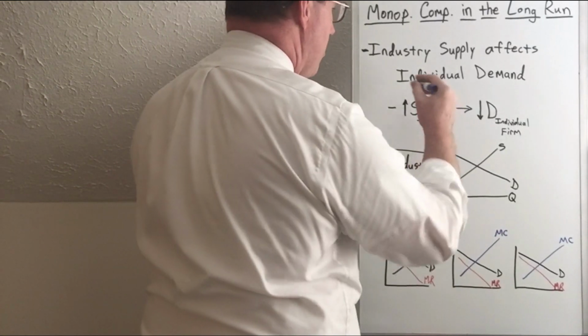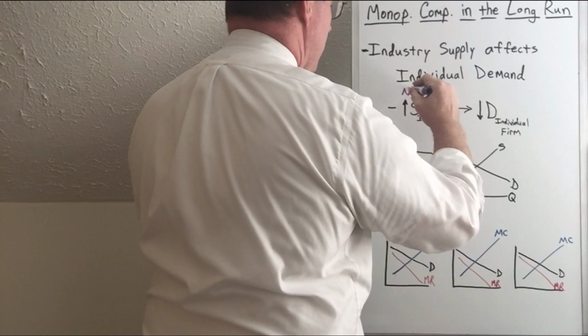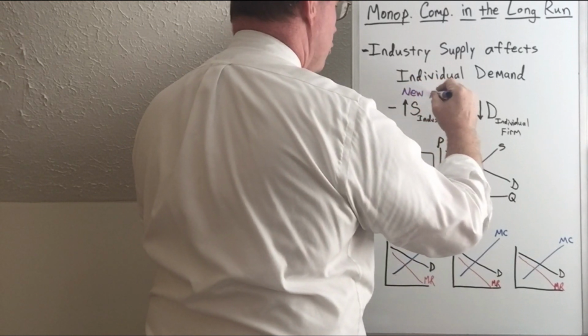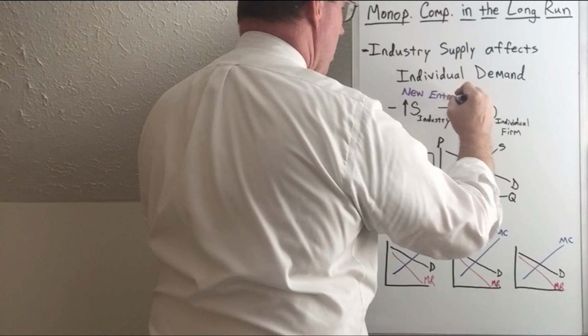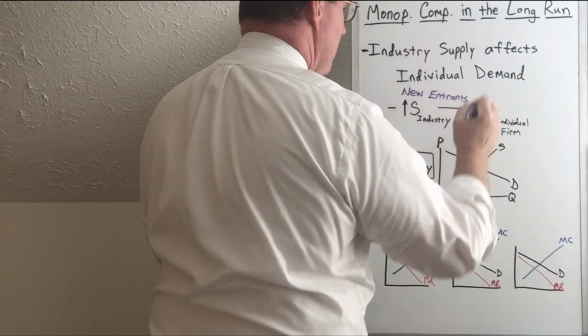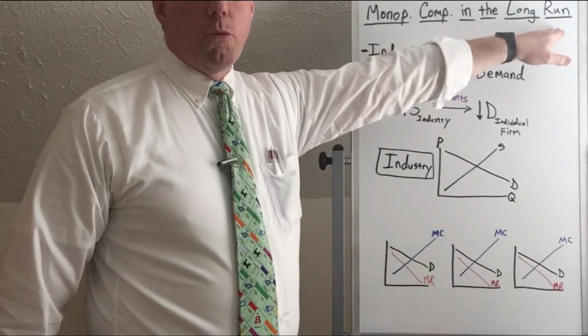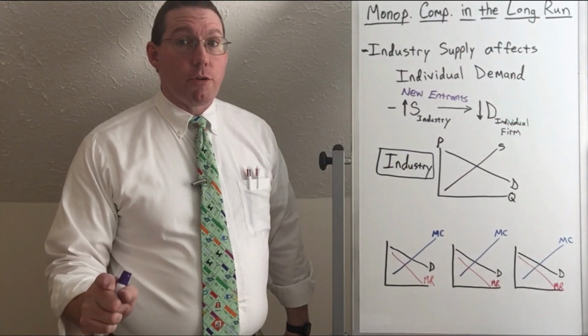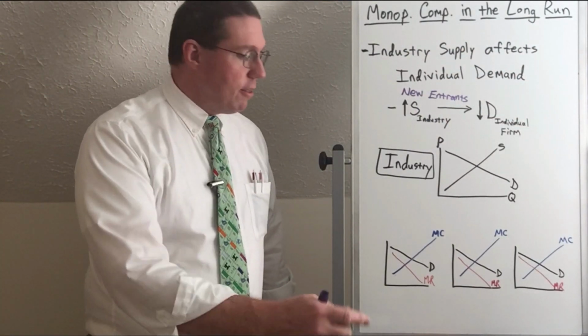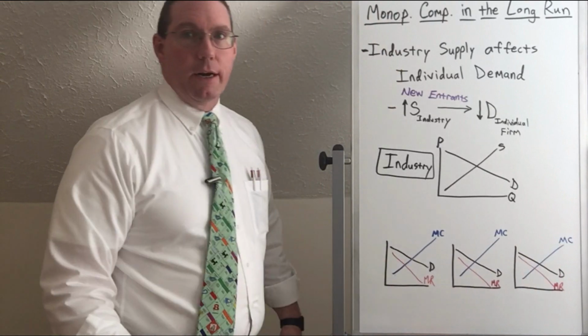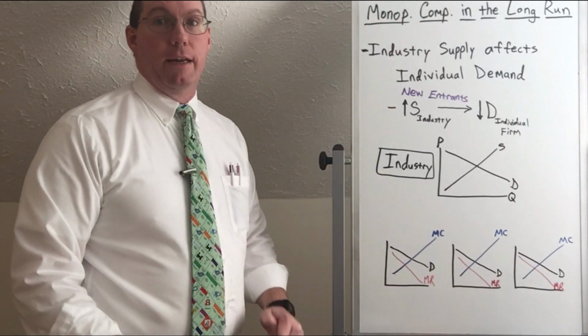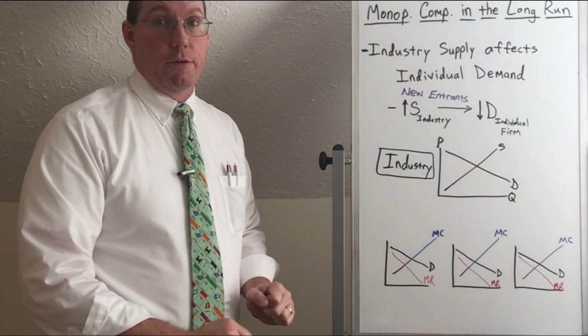So when I say an increase in supply, I mean new entrants, meaning in the long run, remember this only happens in the long run, that new competitors will enter the market, and instead of there only being 3 competitors, now there's 4 competitors or 5 competitors, okay?